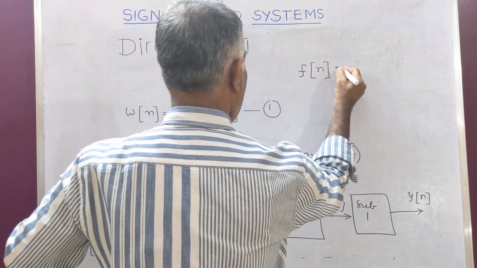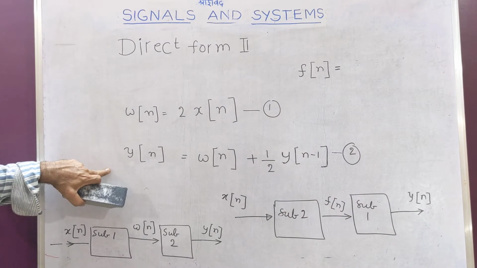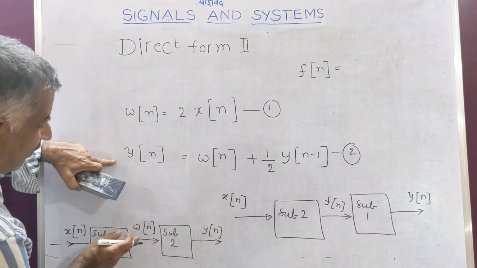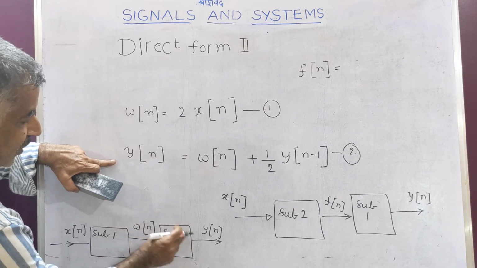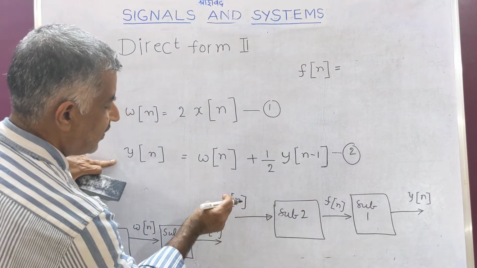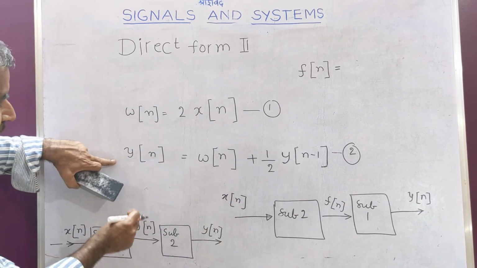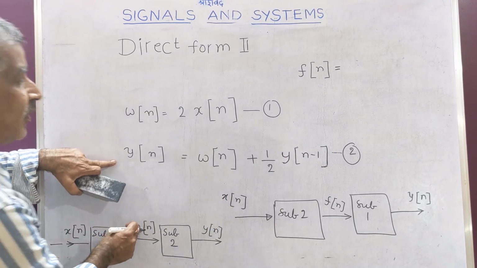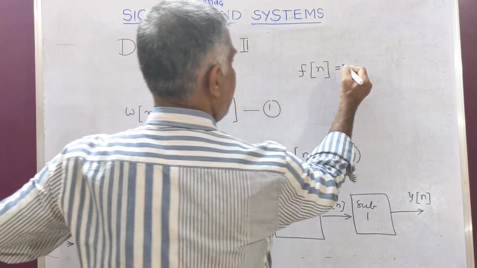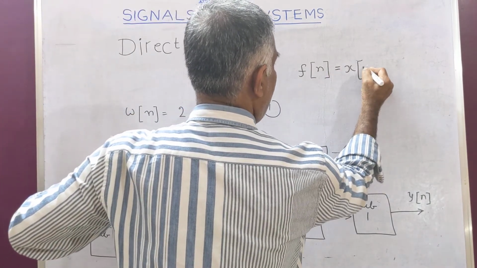f of n equals. Next, w of n was the incoming signal for subsystem 2. Now for subsystem 2, the input is x of n. Therefore, in place of w of n, I have to write x of n.